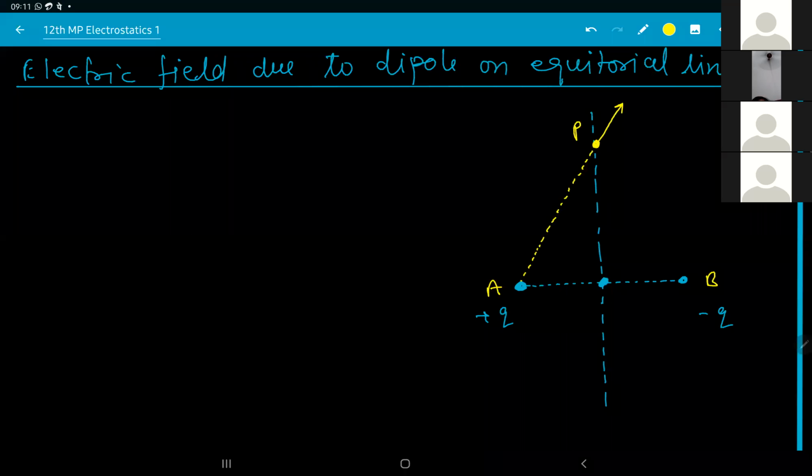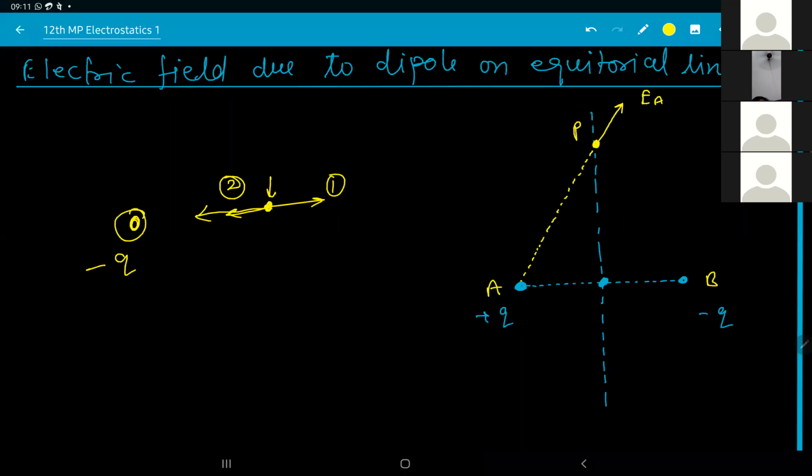It is EA, electric field due to charge A. Suppose it is a negative charge and we are calculating electric field here. Then what would be the direction of electric field at this point? First or second? Second, because this negative charge will attract a charge placed here if that is positive.